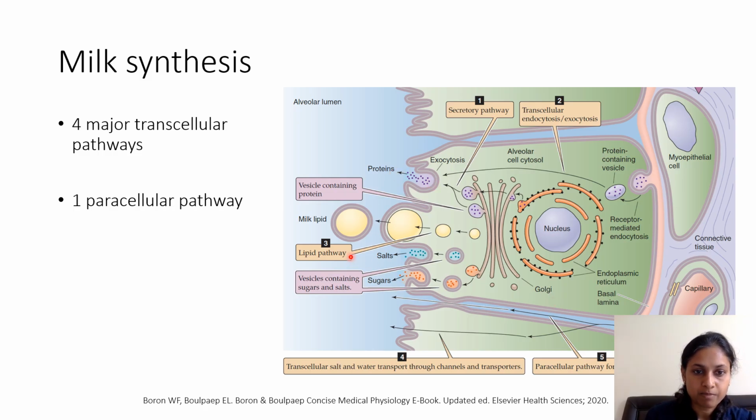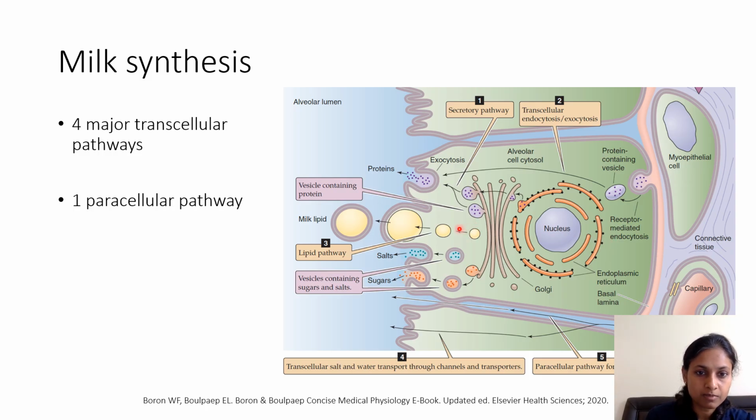Then the third pathway is the lipid pathway. In the lipid pathway, where is the fat coming from? The fat is either synthesized in the cellular machinery, or it comes from the maternal diet or from the fat stores of the mother.